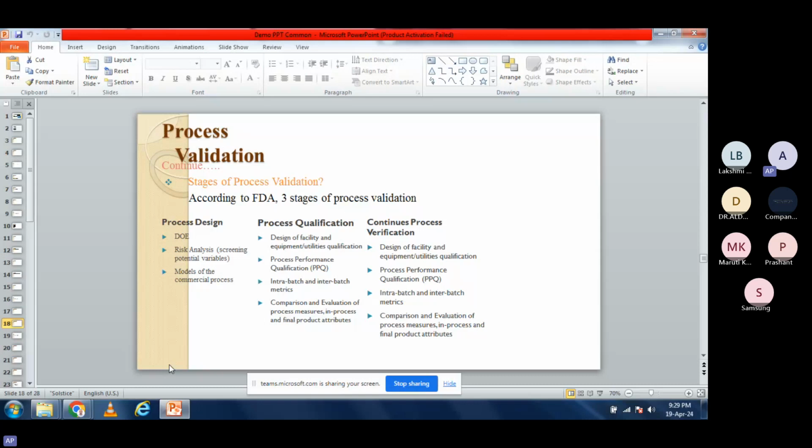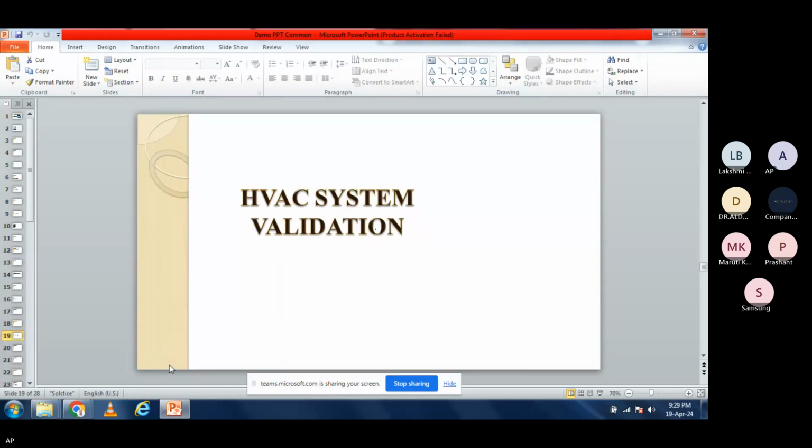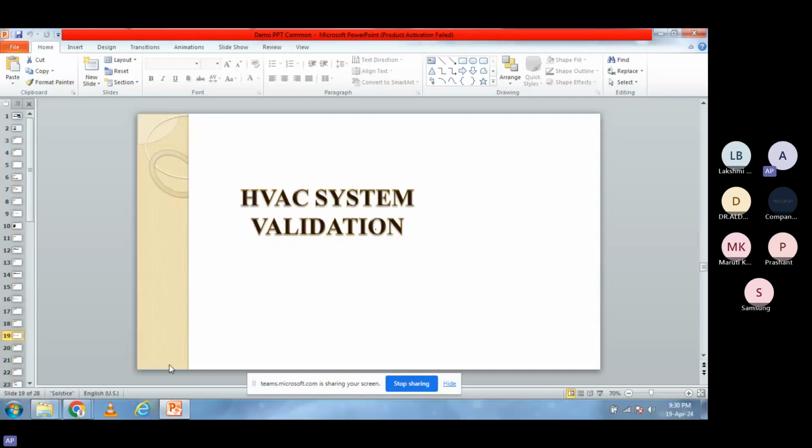Fine. We talked about equipment and area. So one aspect of pharmaceutical validation is HVAC system validation. So what is an HVAC system?